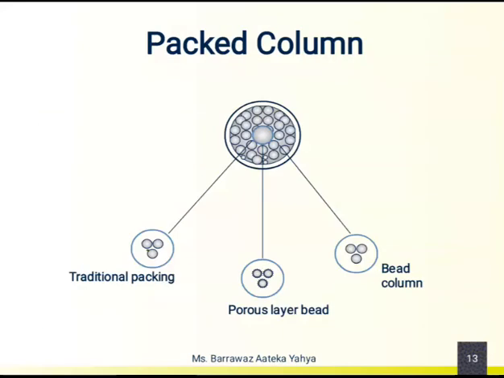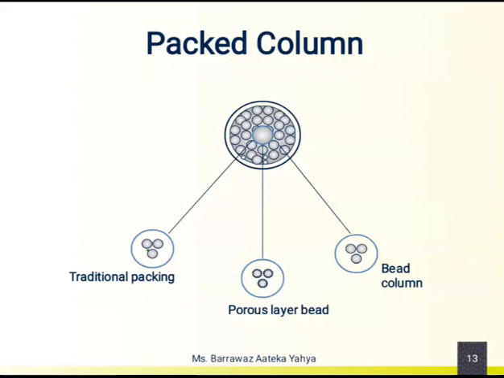Here is a diagrammatic representation of a packed column. In a packed column, the stationary phase is compactly packed inside the internal diameter of the column. In traditionally packed columns, solid particles of the stationary phase are packed. There is a modified form in which the solid particles are covered with a porous layer, and it forms the porous layer bead packed column.